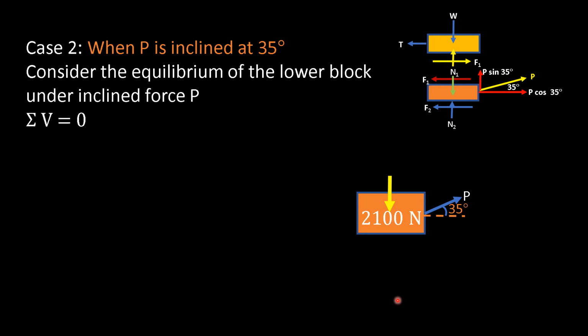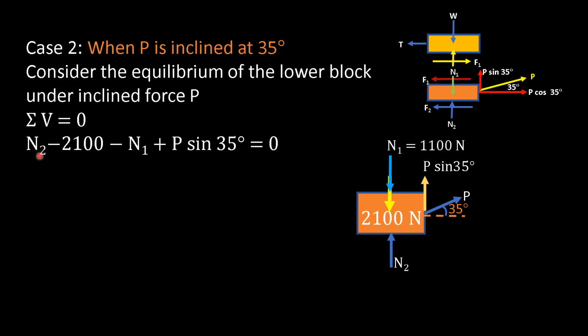We have vertical forces 2100 Newton weight of the lower block, N1 equals 1100 Newton downwards, N2, the reaction to the lower block, and vertical component of the inclined force P sine 35 degrees.